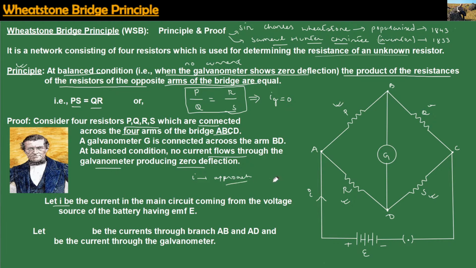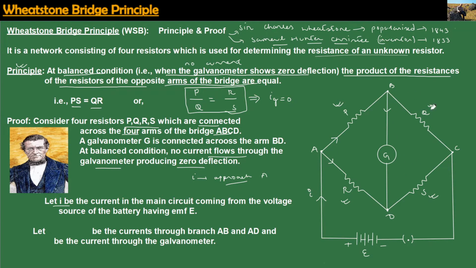When current I approaches point A, it will be split into two parts. One part will move across arm AB, another across arm AD, and there will also be some current across arm BD.